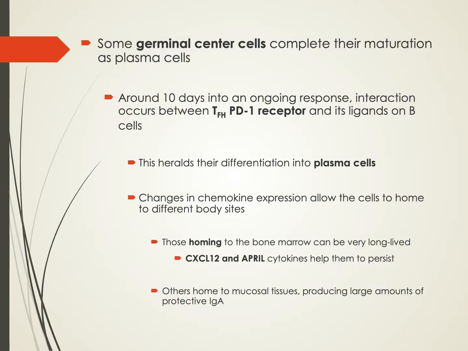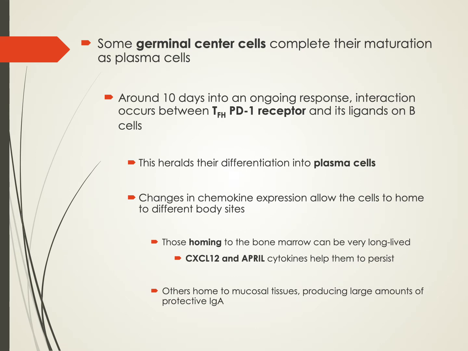This is just giving you some additional information. Again, with those germinal center cells, the idea is that they're going to end up maturing. The goal is for them to mature into plasma cells, so they're secreting antibodies. This is going to take around 10 days to occur. And this is due to interactions with the T follicular cells that are going to be around that germinal center.